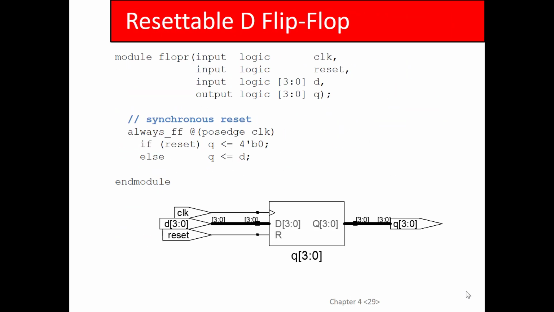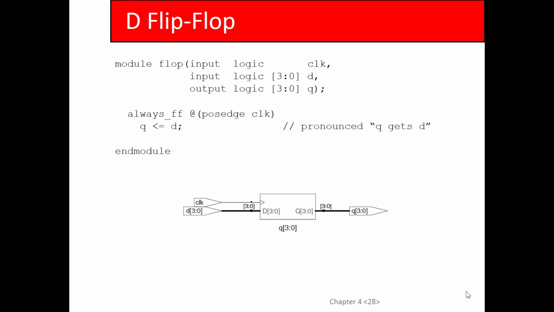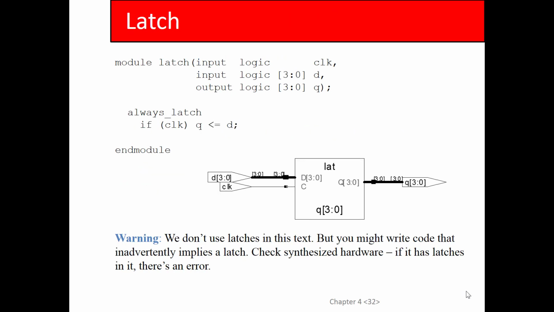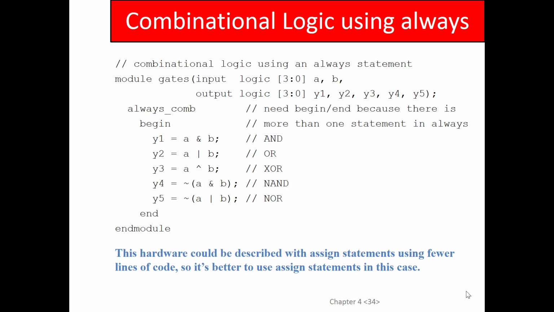It looks like a less than equal sign, but it's designed to look like an arrow, right? But when I showed you the combinational logic, always at comb, notice that it used a regular equal sign. Why is that? Well, that's a very subtle but very important distinction.